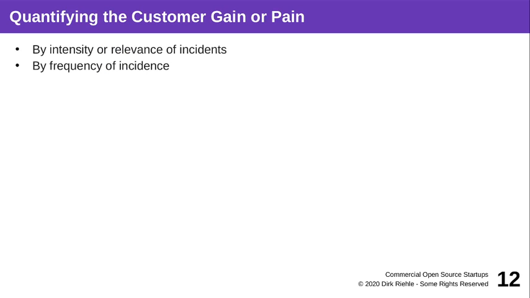Sooner or later, however, you have to quantify that gain or pain, and that would be, for example, by how often does this problem occur. Or if it occurs, so not just frequency, if it occurs, how intense, what's the amplitude, if you will, of the problem or the gain or pain to the customer.